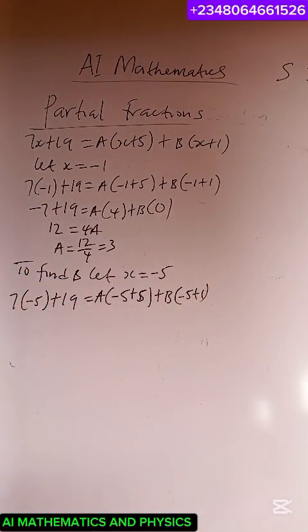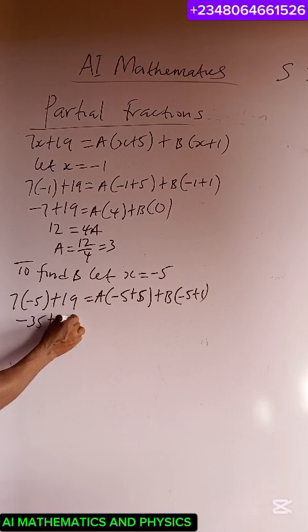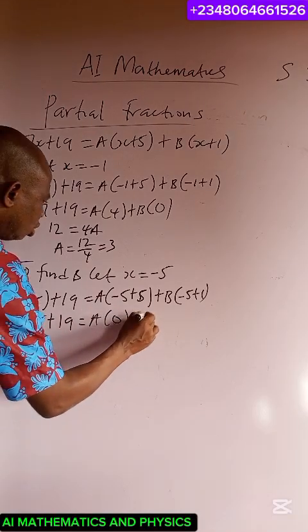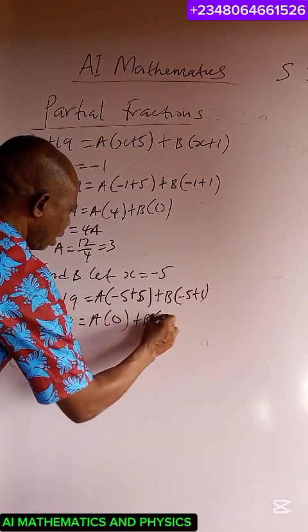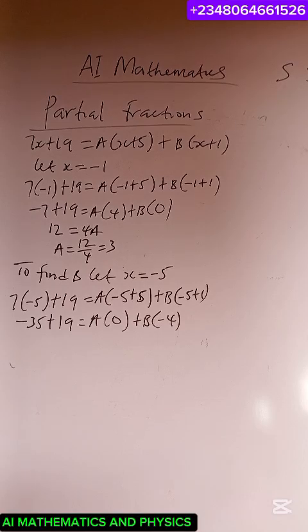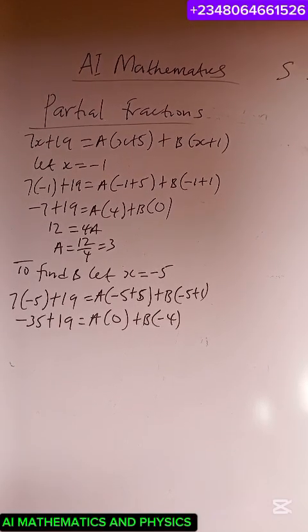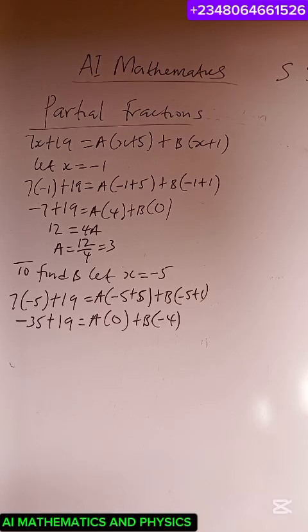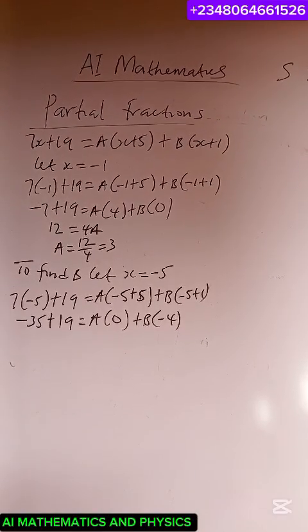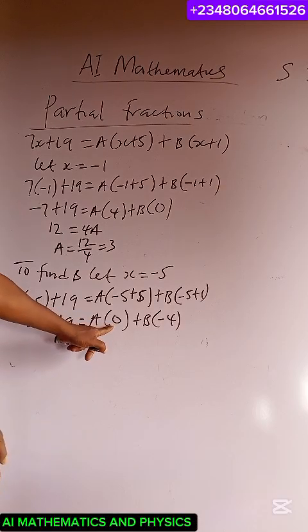7 times minus 5, that's minus 35 plus 19 equal to a times 0, plus b times minus 4. You can see that we have been able to get the value inside the bracket to be 0, which is our target.